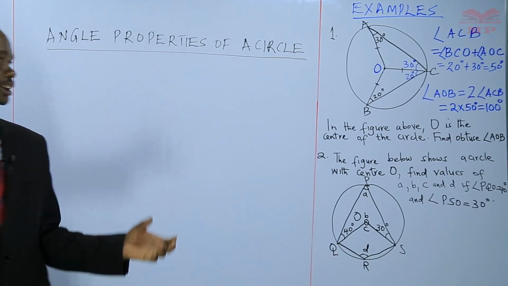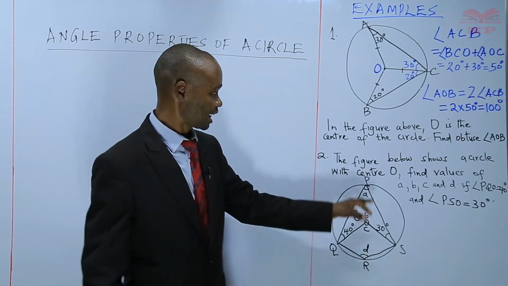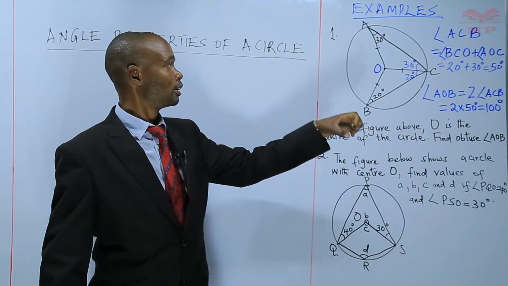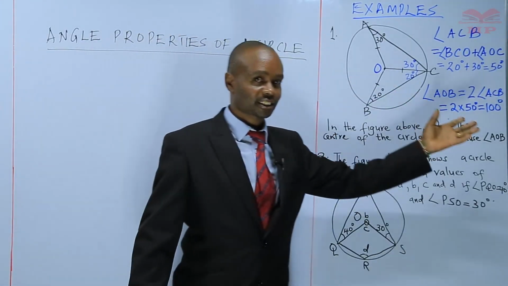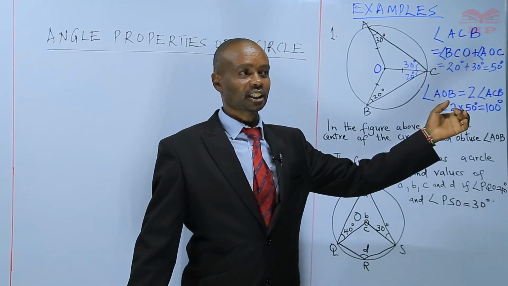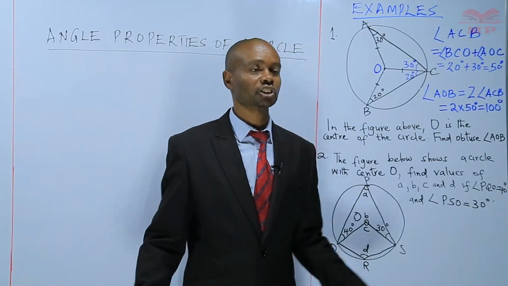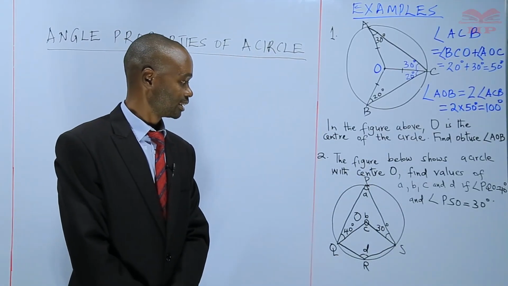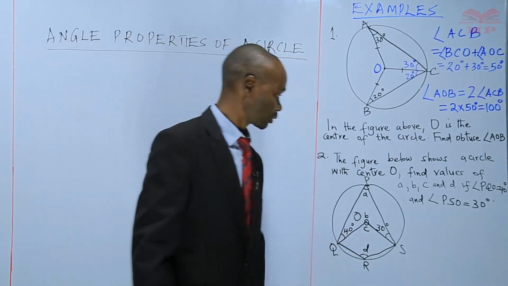We have those two concepts, the angle at the center and the angle at the circumference. And you should also know the properties of an isosceles triangle, which I think you learned earlier, even in your primary school. So we go straight to the question.